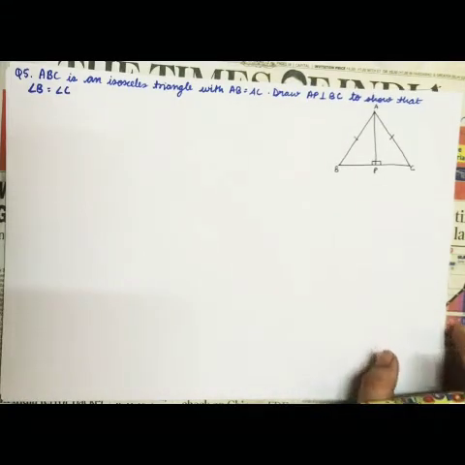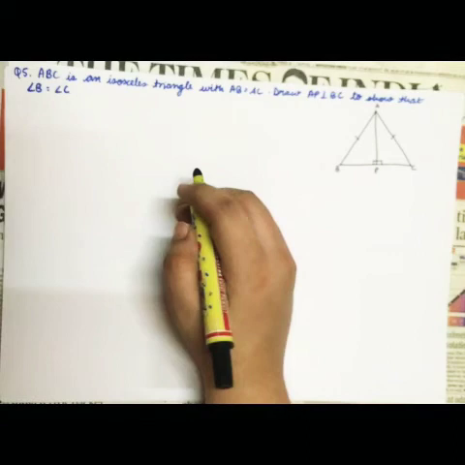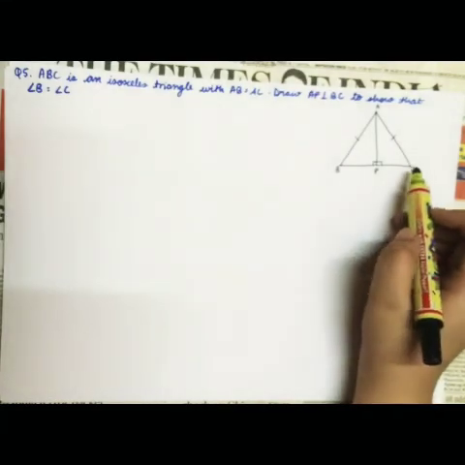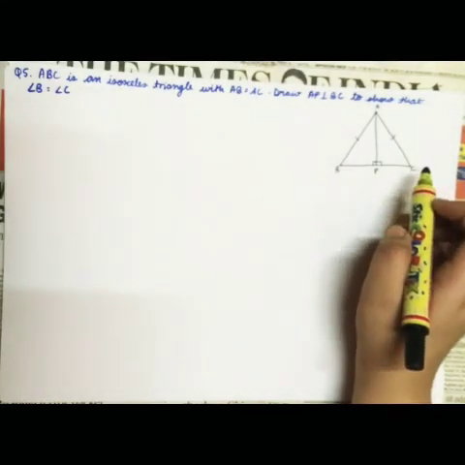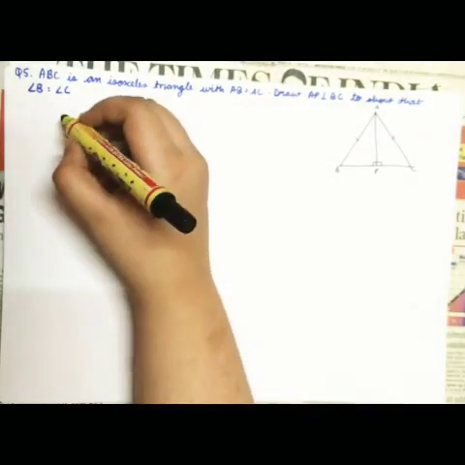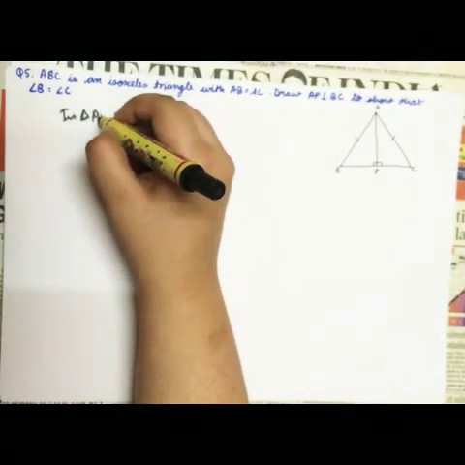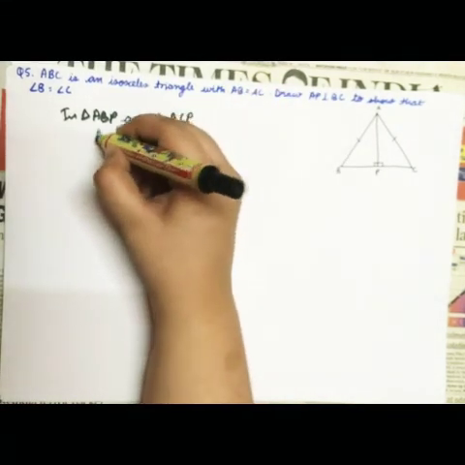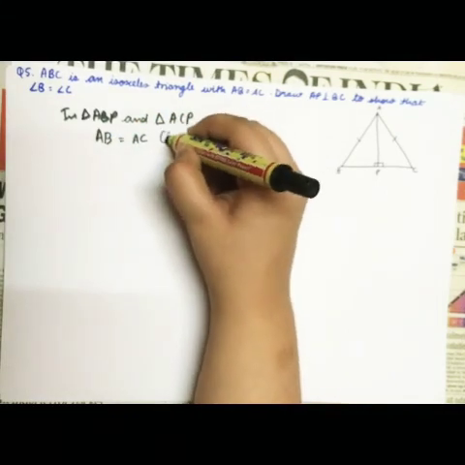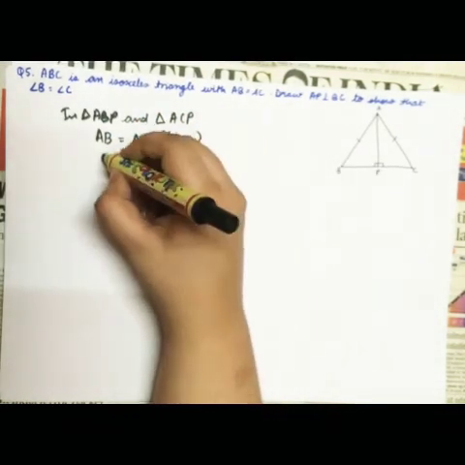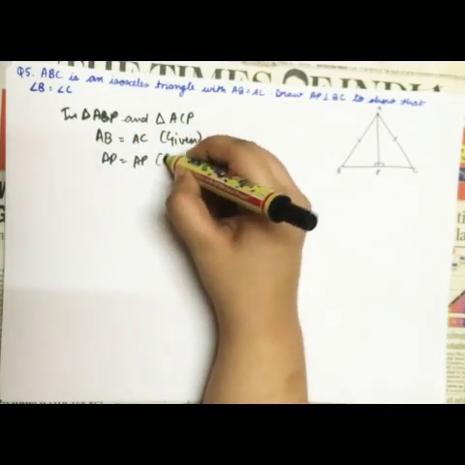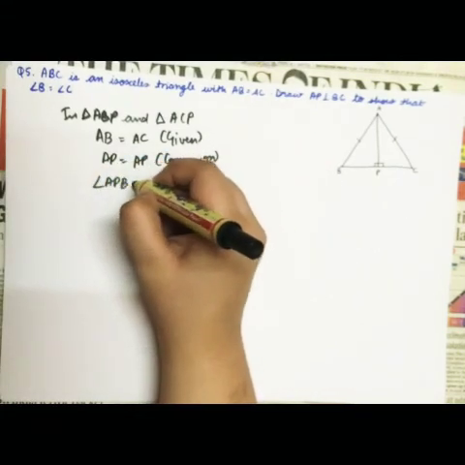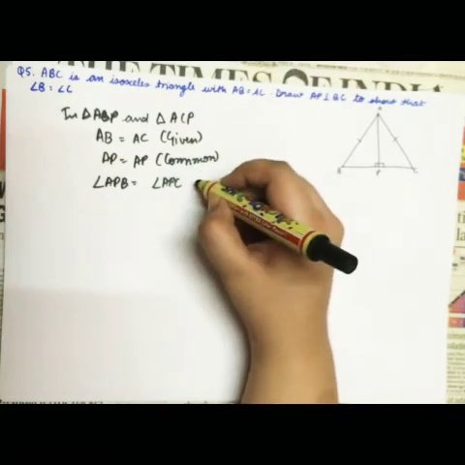Now question number 5. It says ABC is an isosceles triangle with AB equal to AC. We have to draw AP perpendicular to BC to show that angle B is equal to angle C. So in this we will start with, in triangle ABP and triangle ACP, AB is equal to AC, which is given to us, and AP is equal to AP, they are common, and angle APB is equal to angle APC, as they both are 90 degrees.